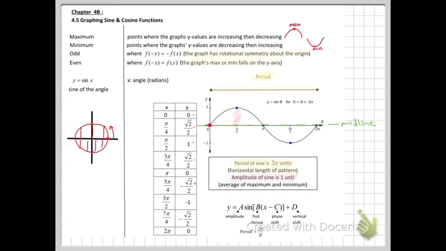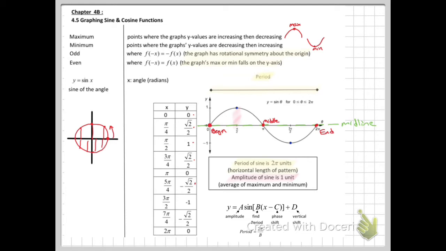This is going to be called the beginning point. Way over here, this is going to be called the end point. And then right in the middle, guess what that's going to be called? The middle point. All 3 of those, beginning, middle, and end, for sine, land on the midline, that green line.